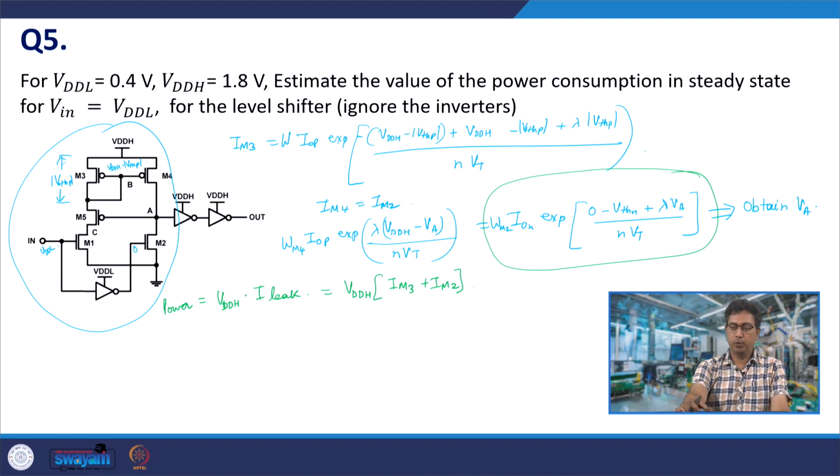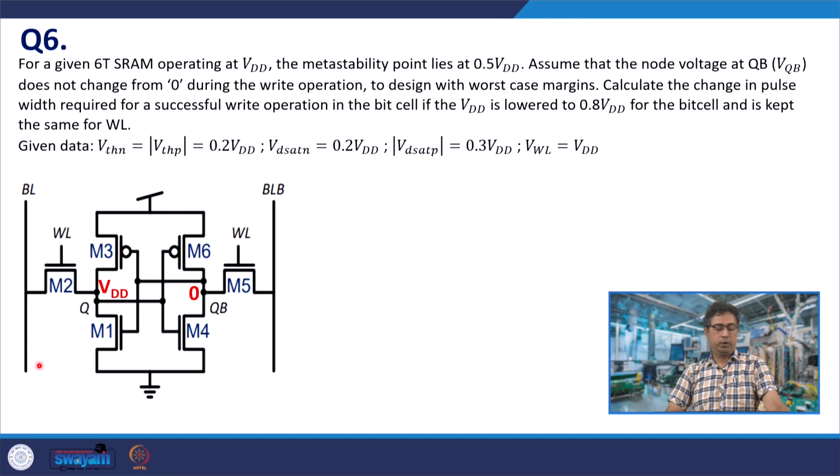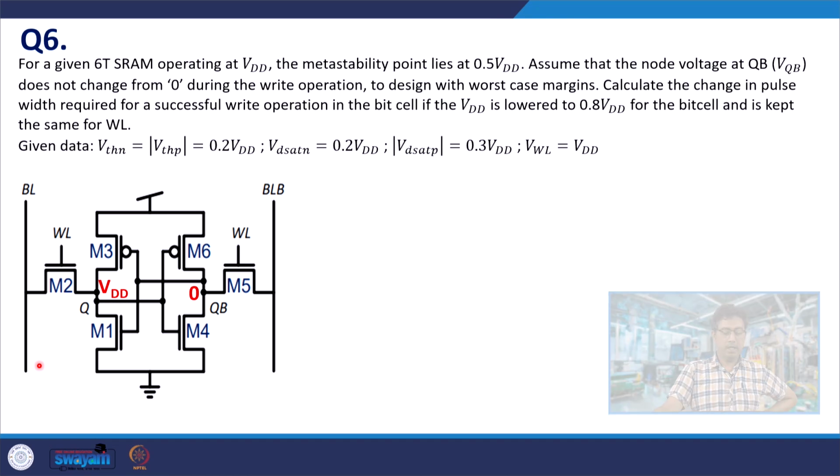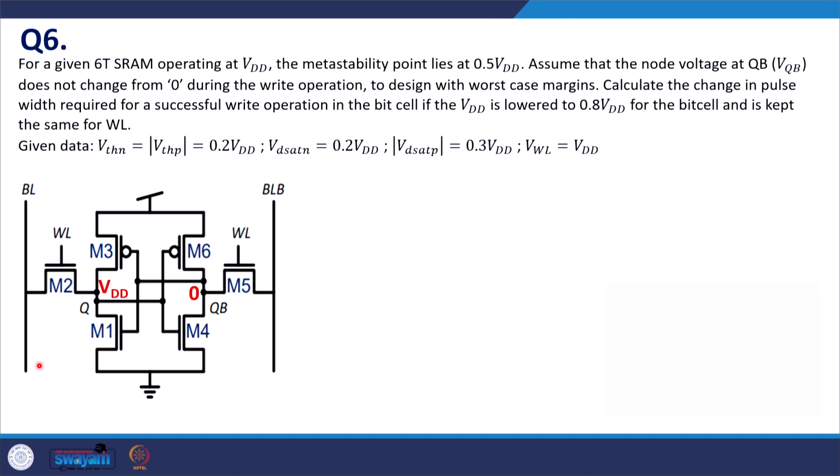Now, let us move to the next question. In this 6T SRAM cell, which is operating at VDD, metastability point lies at 0.5 VDD. Now, we are trying to reduce the supply voltage of the cell, that is, we are trying to reduce the VDD of the cell. Bit lines are at the older VDD and word line would also operate at the older VDD. So, reduced VDD is only for the cell.